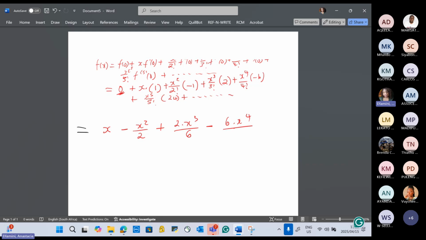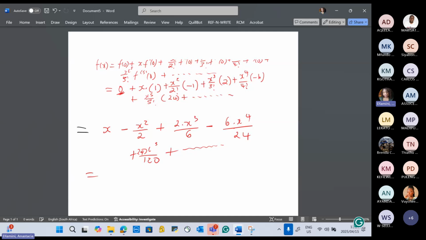What is 4 factorial, guys? 24. Plus x to the power of 5 times 24 over 5 factorial. What is 5 factorial? 120.